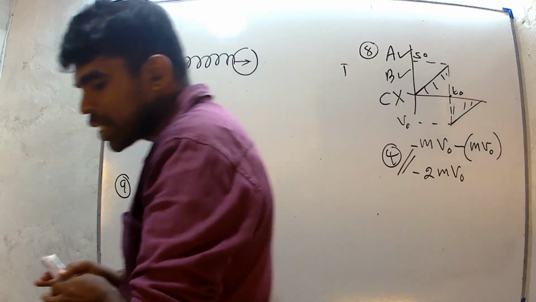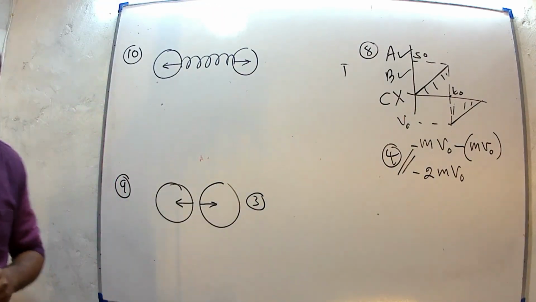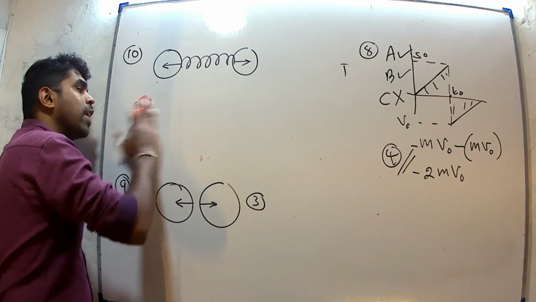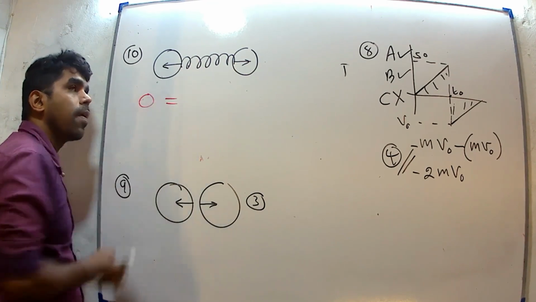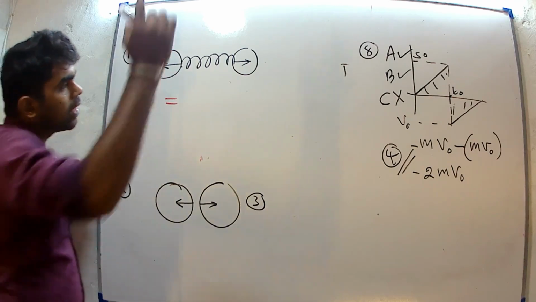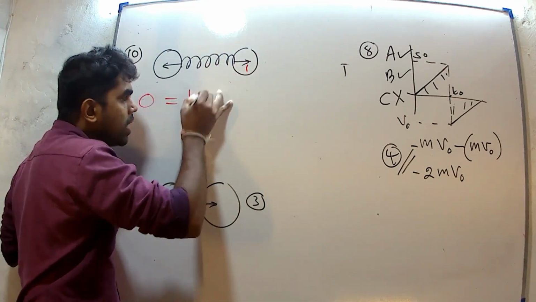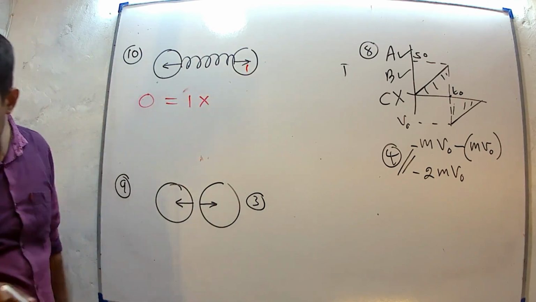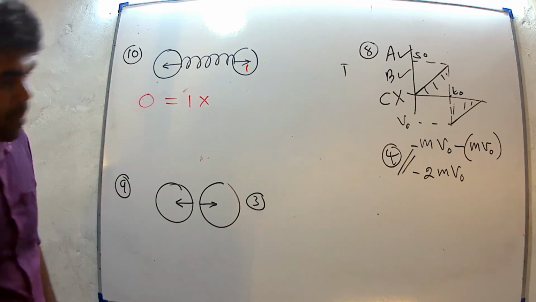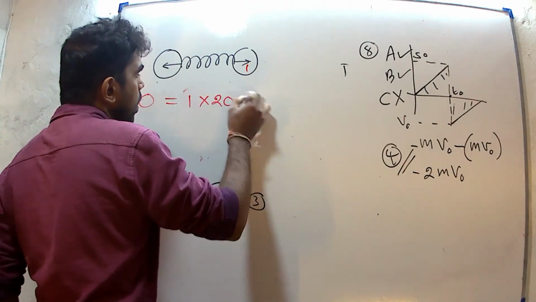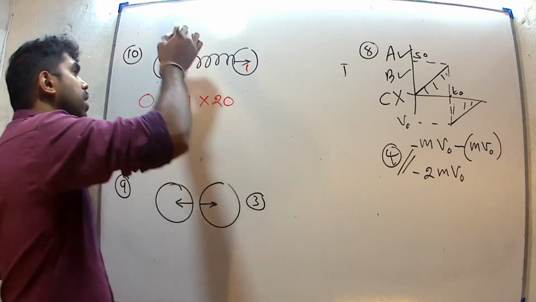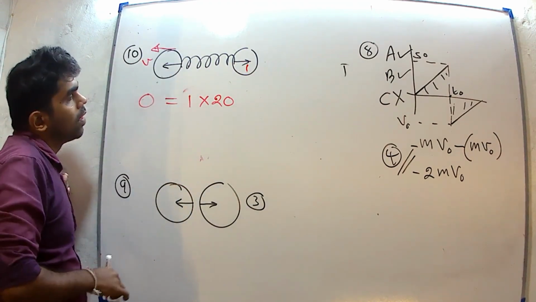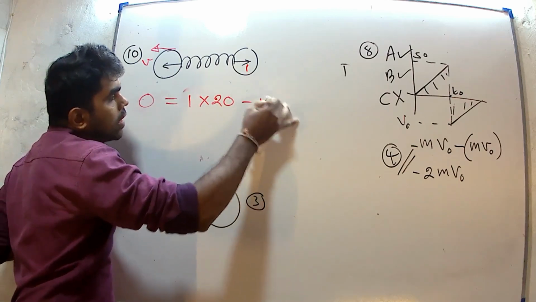We can use conservation of linear momentum. Then initial momentum is 0. There is no velocity for the system. At the final situation, they have given 1 kilogram mass is moving with a velocity 20 meters per second. Then, if we are considering velocity of this object as v, it should be equal to minus 10 into v.